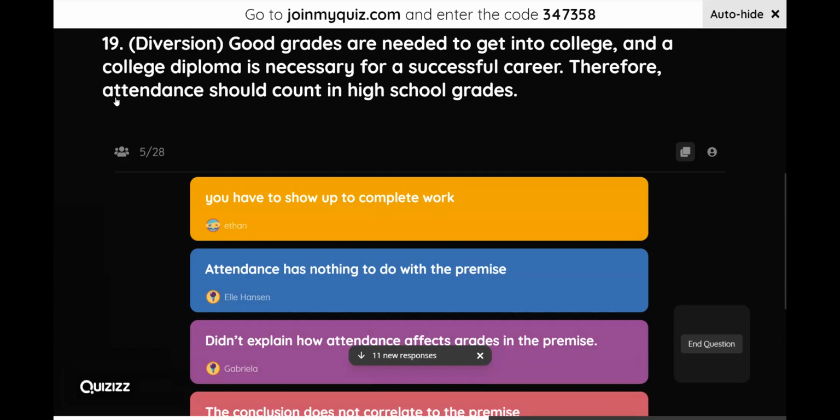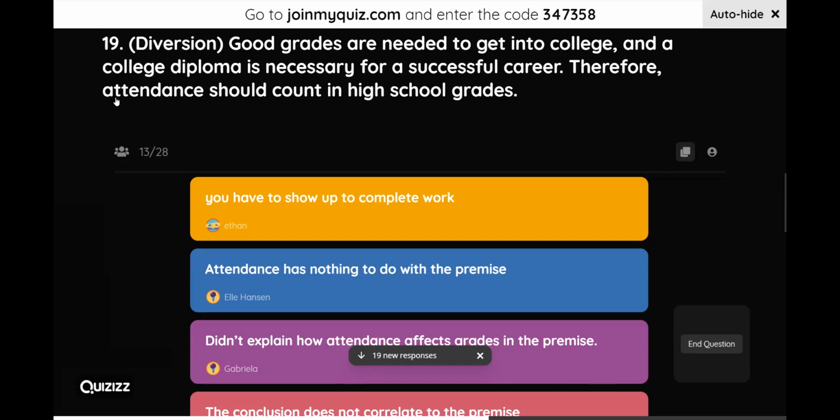Okay. You're making assumptions about attendance, and you're probably correct about those assumptions. If you attend, you're probably going to make good grades. But that's nowhere in our premise, right? They're throwing this third factor in there. We have all these other factors, good grades, getting into college, and a successful career.